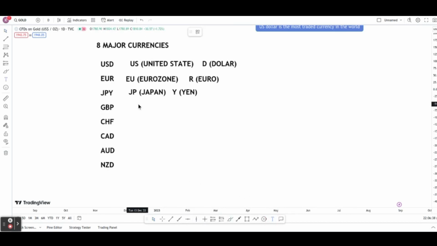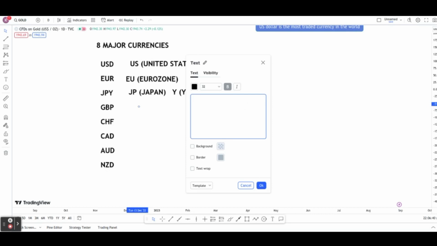Pounds. The GB stands for Great Britain, and the P stands for pound.